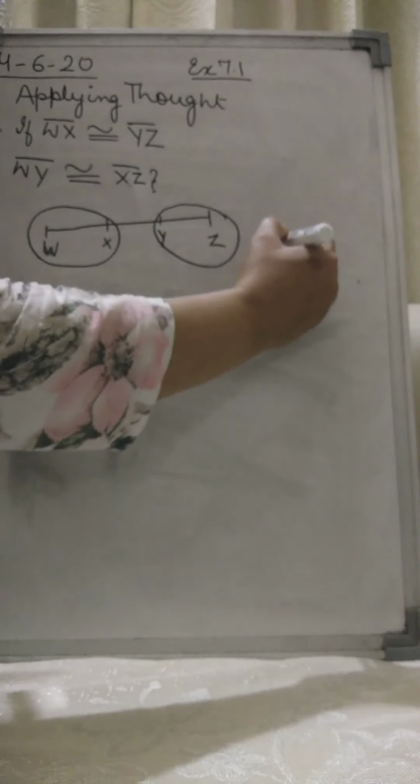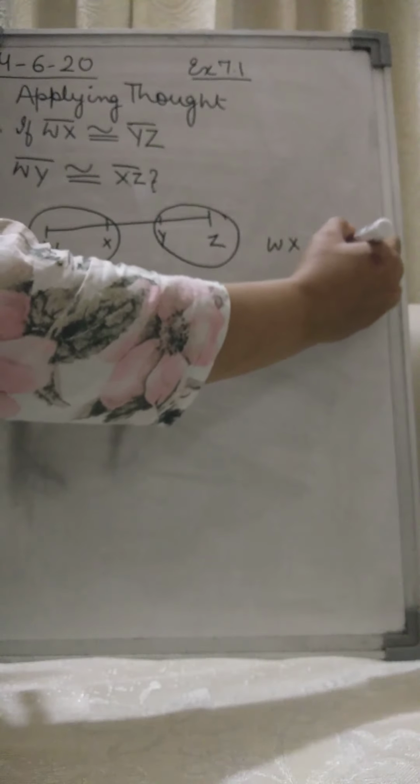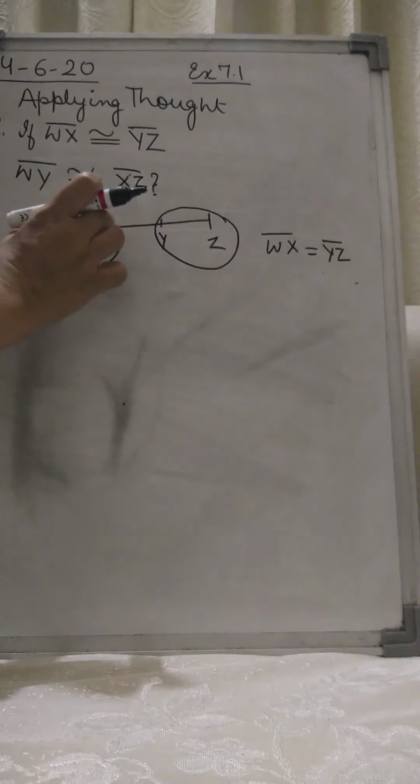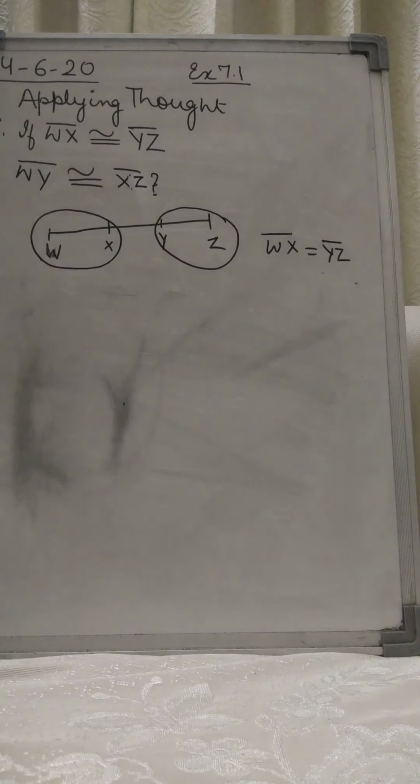Congruent means WX is equal to YZ. When you keep this portion on this, they will be equal. You can just see only one line segment.